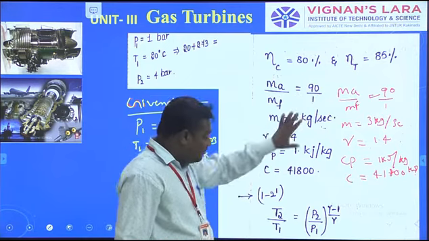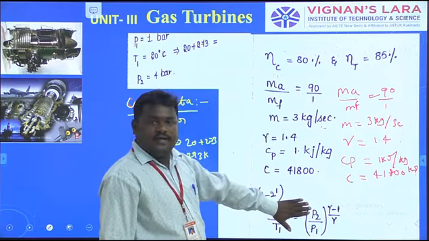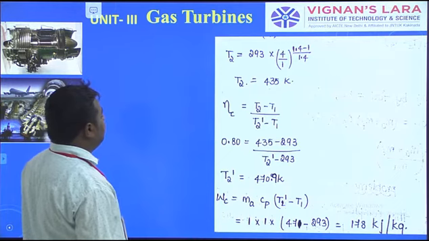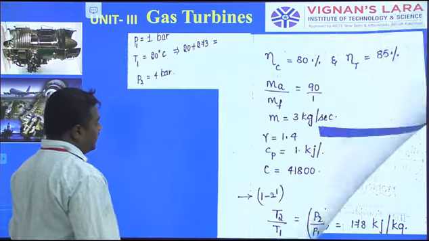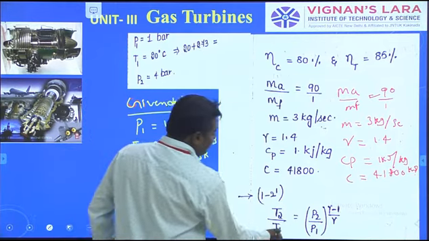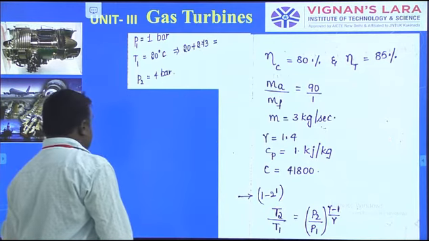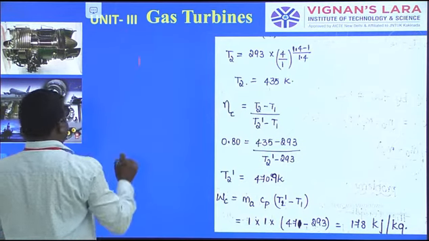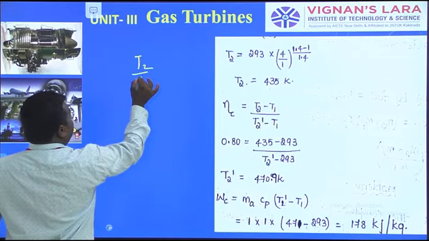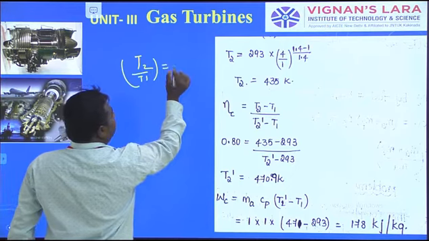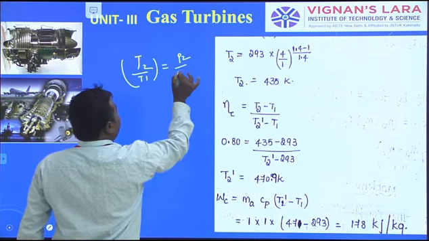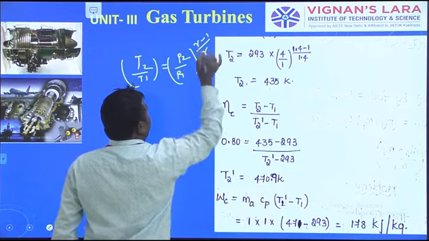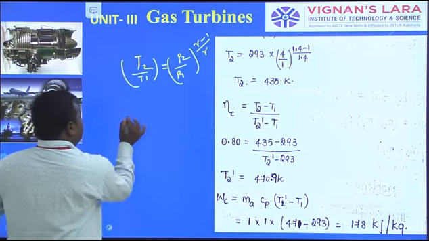We have to substitute the values in this formula. Then we get the T2 value.